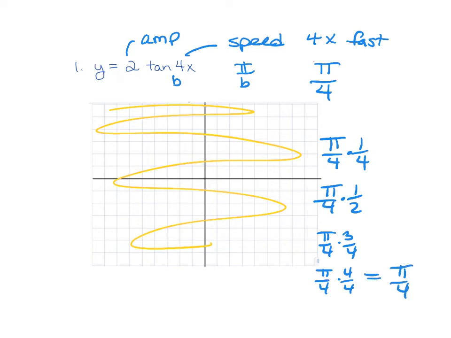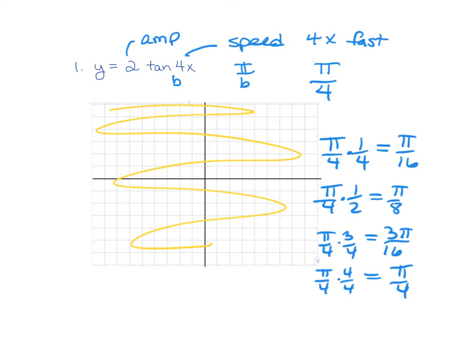Again, what you're starting with is the last point, or the end of our period. So here, pi over 4 times 1/4 is pi over 16. This is pi over 8. And this is 3 pi over 16. These are going to be my 3 points that I'm going to label along my x-axis.